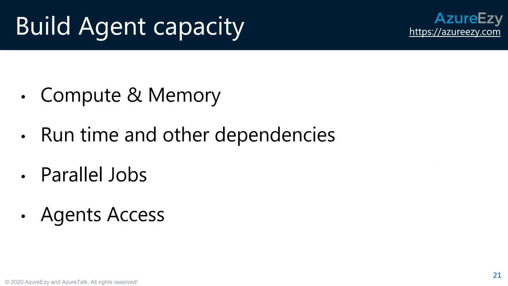Now the fourth thing, which is the last thing, is agent access. When you are setting up your agent, you might not want to give access to everyone to run their build against it.